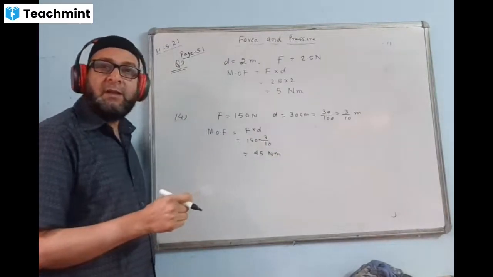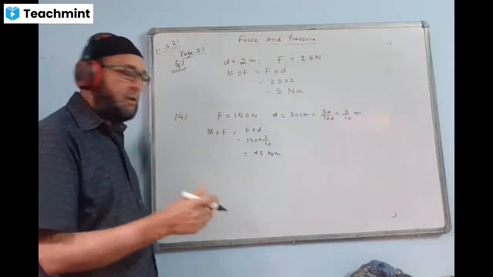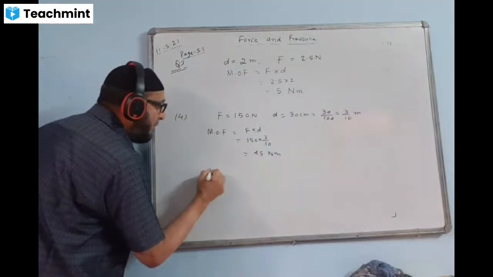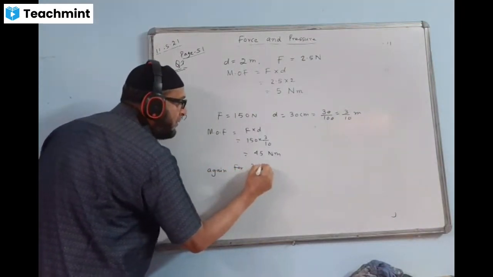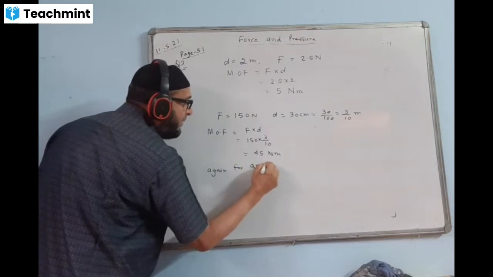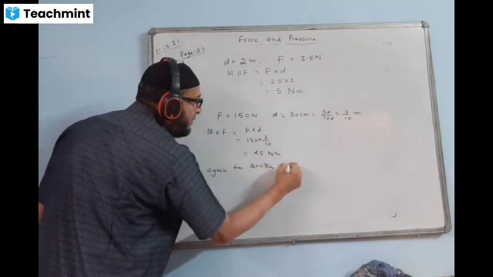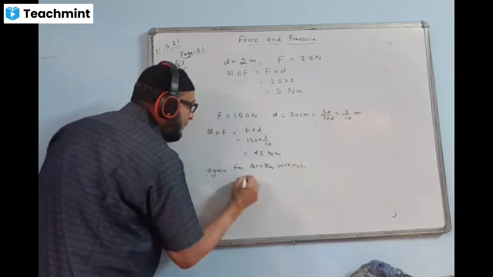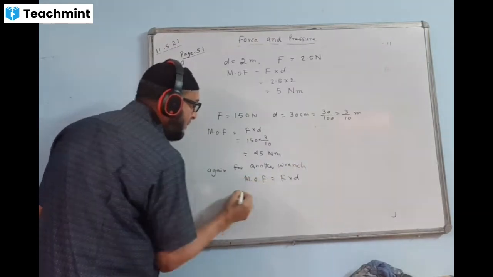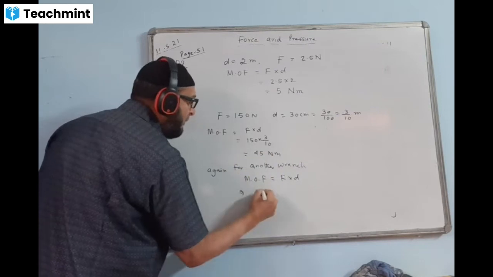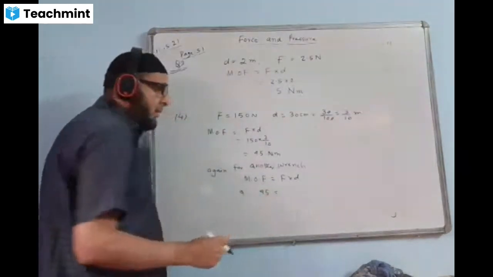But now we are changing the wrench. We are using another kind of wrench. Then again use the formula. Again write, for another wrench. Moment of force is equal to force into distance. Moment of force value is given 45, write 45 here.